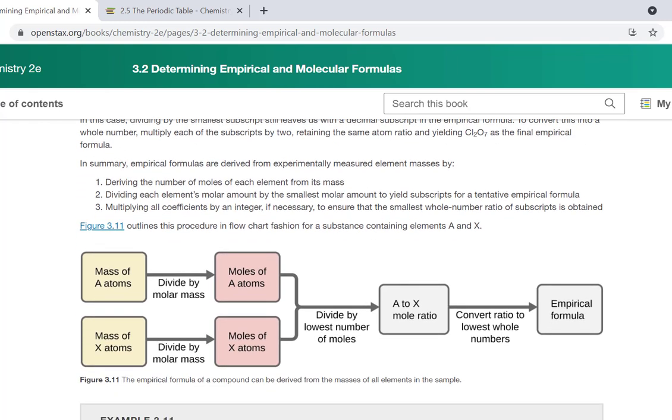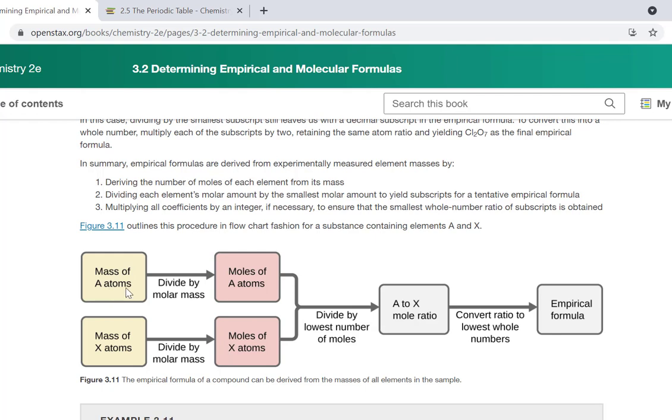So let's go ahead and summarize the process for finding empirical formulas. It's a little bit more involved than for finding the percent composition. So for each of the atoms in the formula, we're showing 2 here, but you could have 3 or 4 or more depending on the compound.